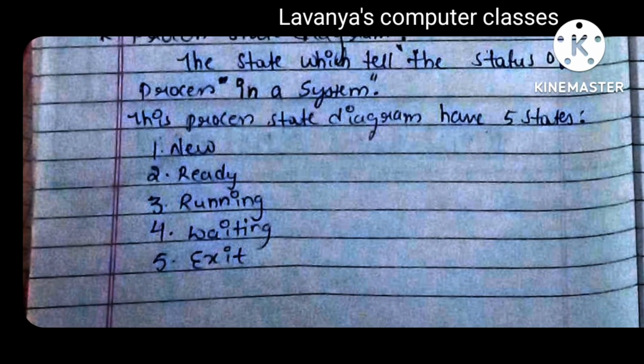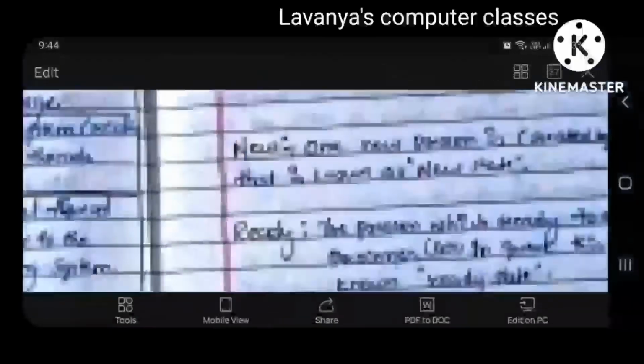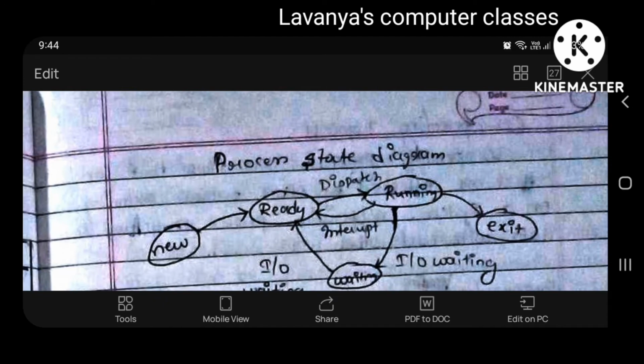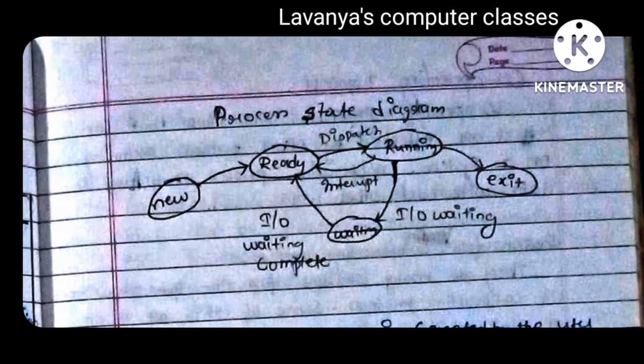These are the stages of process state diagram: new, ready, running, waiting, exit. This is the diagram. Process state diagram.